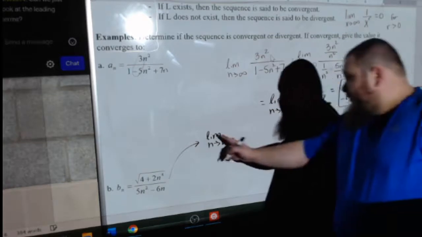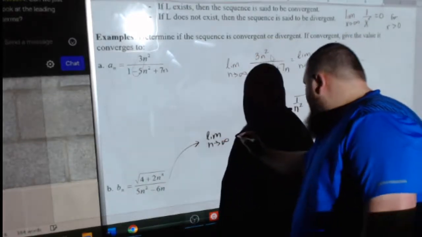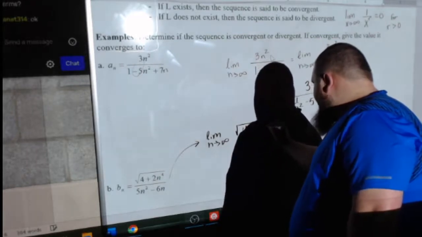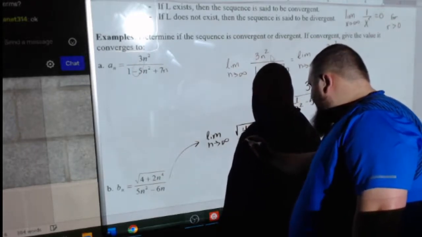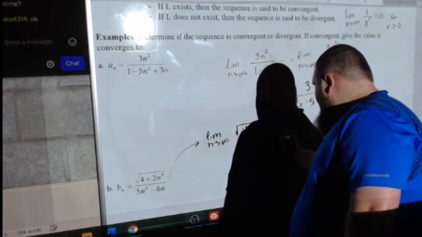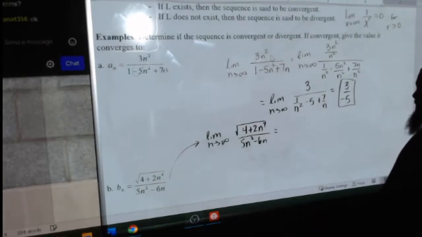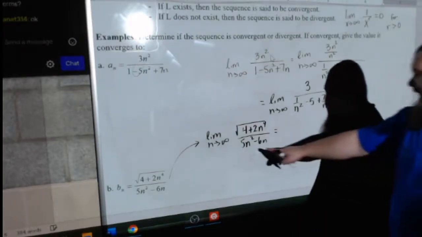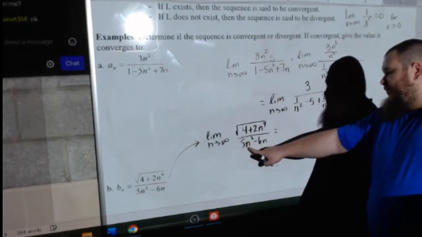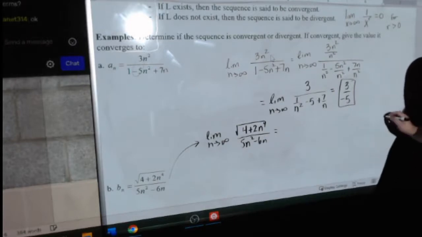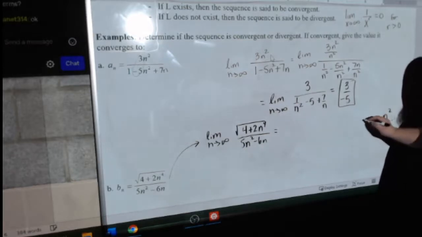All right, so limit as n approaches infinity of the square root of 4 plus 2n to the 4th, all divided by 5n squared minus 6n. So every one of these terms, I'm going to divide by n squared. However, if I put n squared inside the radical, recall, n squared is the result of taking the square root of n to the 4th.